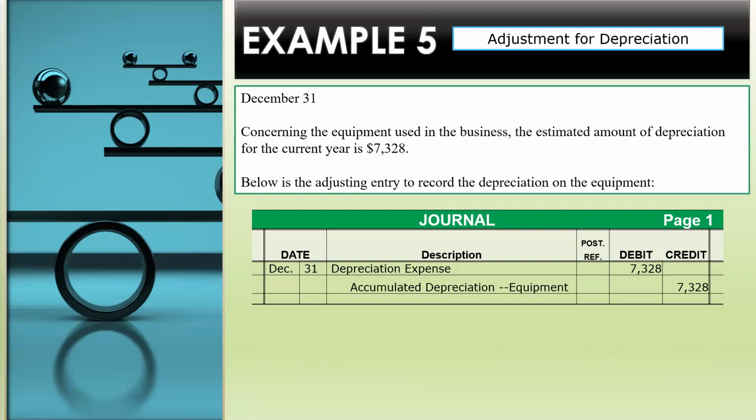So here on December 31st, we have a debit to depreciation expense in the amount of $7,328. And then our credit will go to accumulated depreciation equipment in the same amount of $7,328.